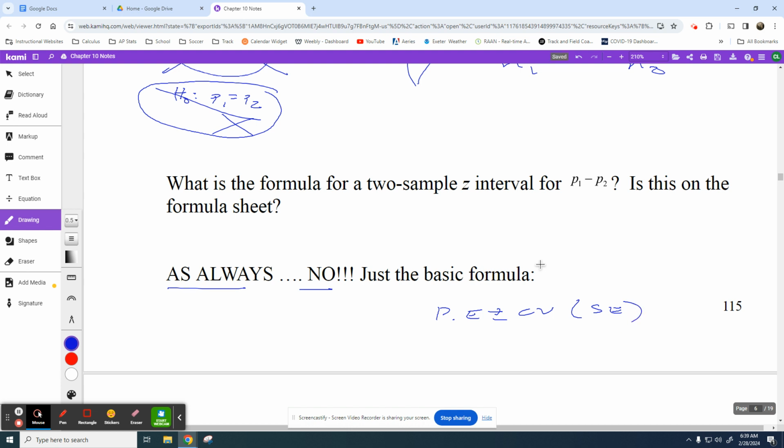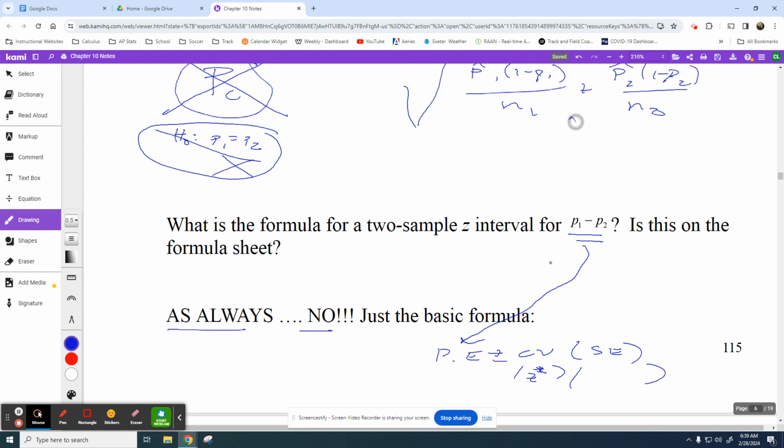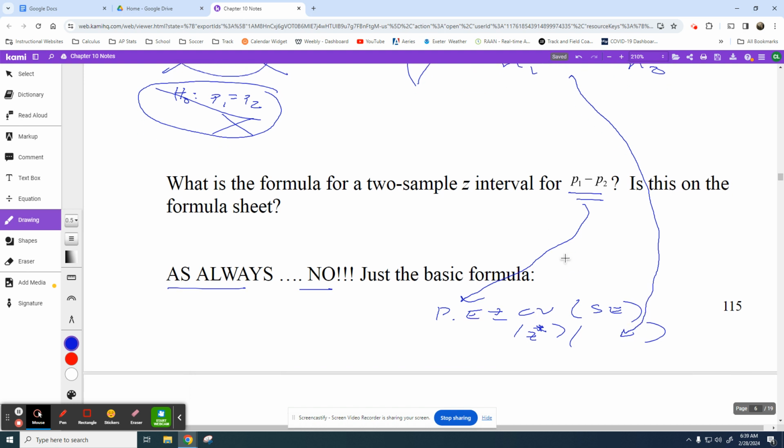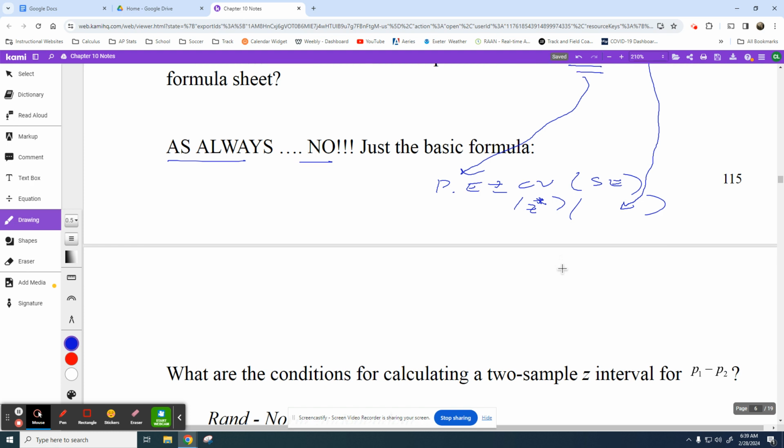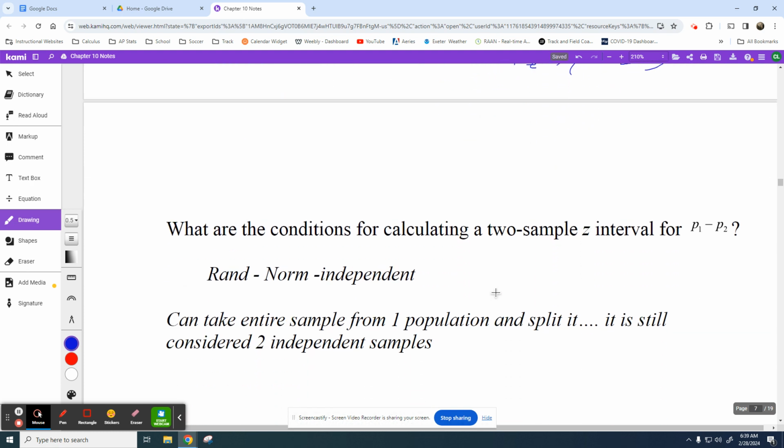Our point estimate now will be p hat 1 minus p hat 2. The critical value is still going to be our critical value for a z-score because we're dealing with proportions. And then our standard error takes this equation from up here, and it goes there. So make sure we understand those pieces. It's kind of like a rehash of everything we started a long time ago.